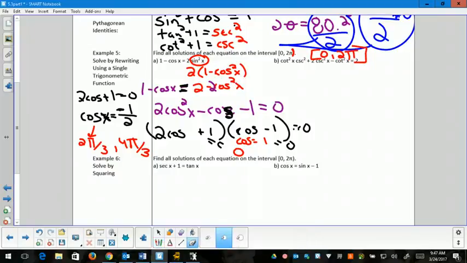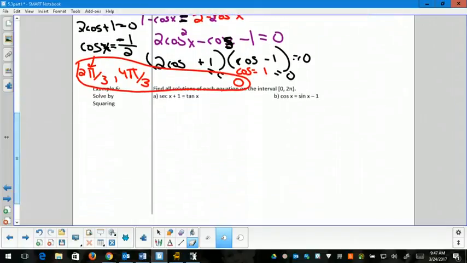We should not have included 2 pi yesterday because it's this, which means up to but not including it as part of the domain. So here are our answers for x. Our answer's always going to be in radians. It will be for now, because we're getting all of them off the unit circle. Yes, when we're in pre-calc and higher, it should be in radians unless the problem started out in degrees or there's an application where they say they want it in degrees.